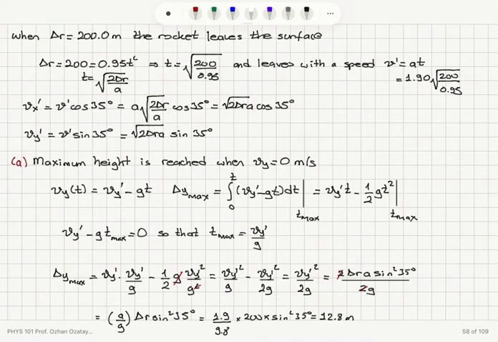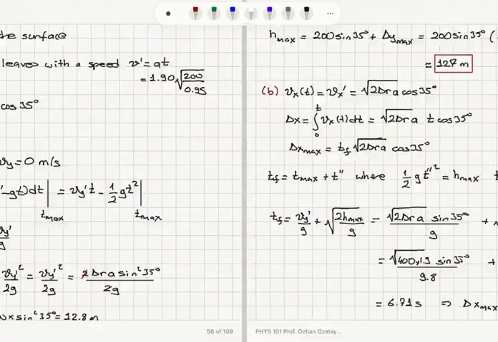So we travel a distance delta y equal to vy prime t minus 1/2 gt squared, evaluated at t max, where t max is found by setting the instantaneous velocity to 0. t max is vy prime over g, so we substitute this here and we obtain 12.8 meters.